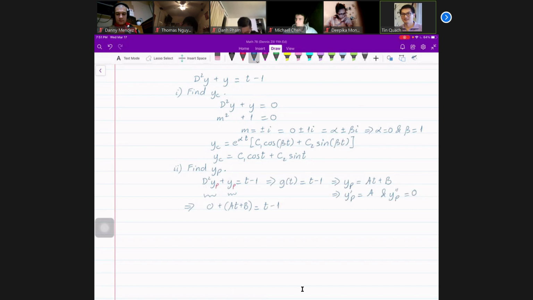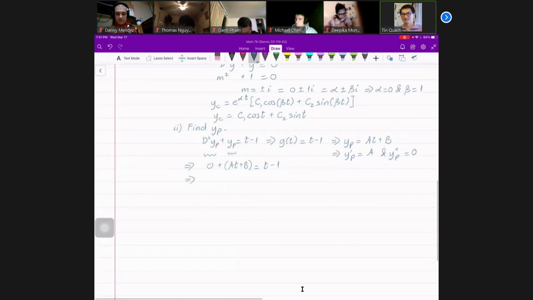So you know from here, what is a? a is 1 and b is -1. So y sub p is equal to 1t minus 1, which happens to be the same as the function g of t, but that's not always the case, okay?